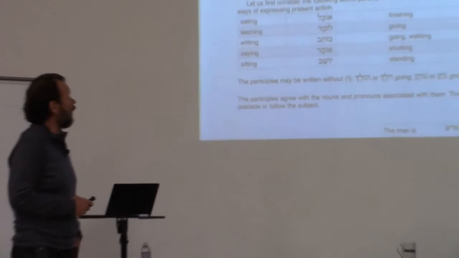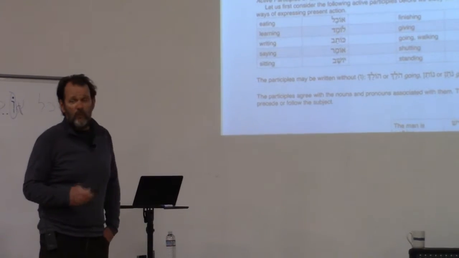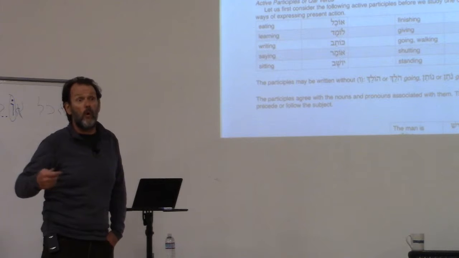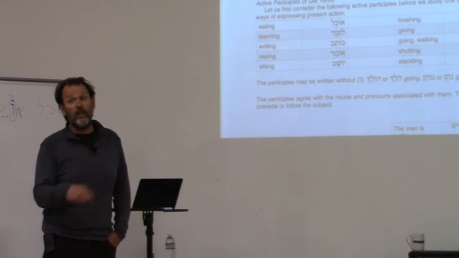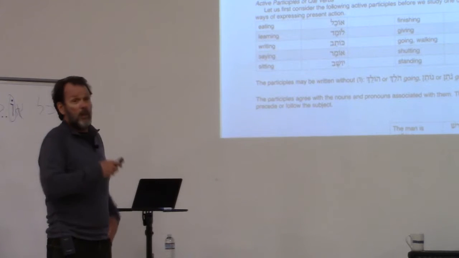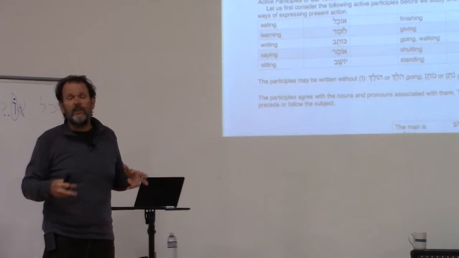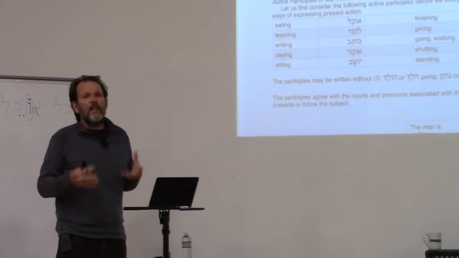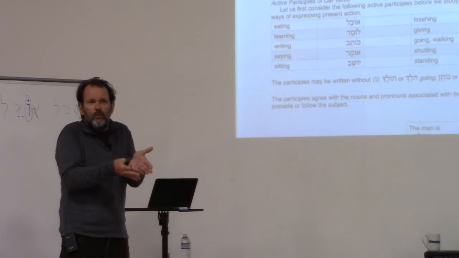Once again, one of the most important things in your vocabulary, and it's becoming more and more apparent as we're turning a corner, is being able to identify the root.